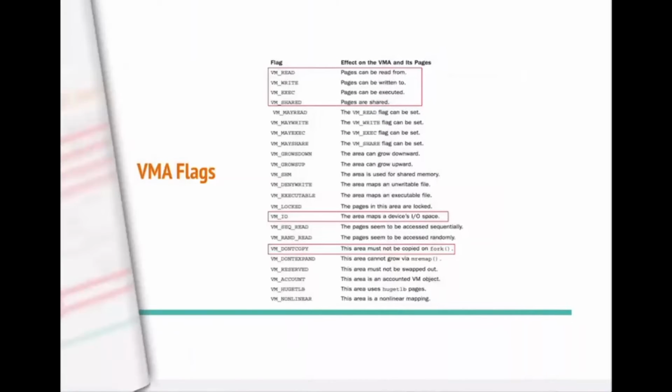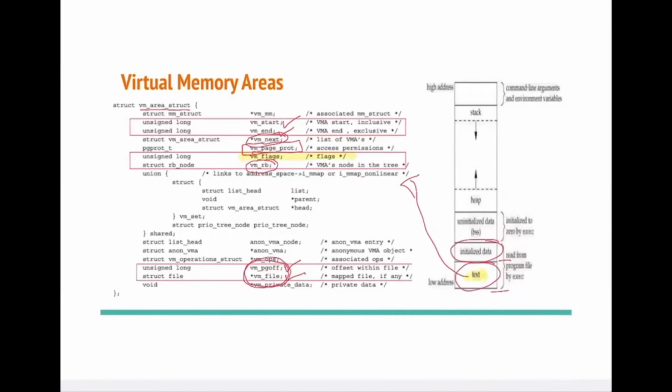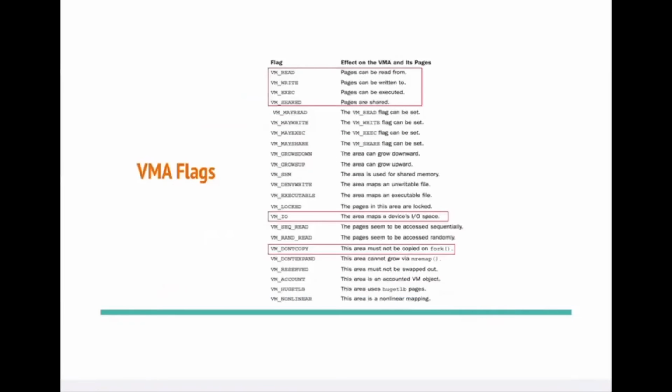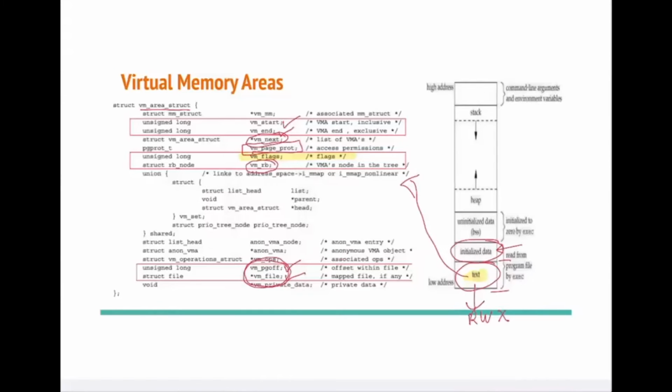Like here, if we discuss the text section, it is an executable section, so it can have the permissions of read, write, and execute. But if you see a data section, it is not meaningful to give the permission of execute, because we are never going to execute anything on the data section.